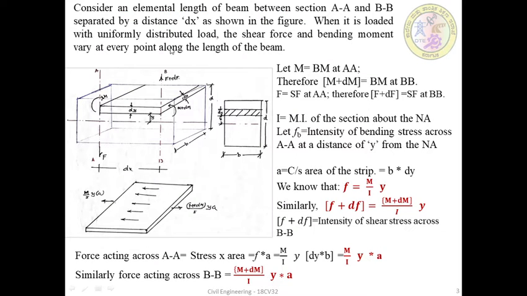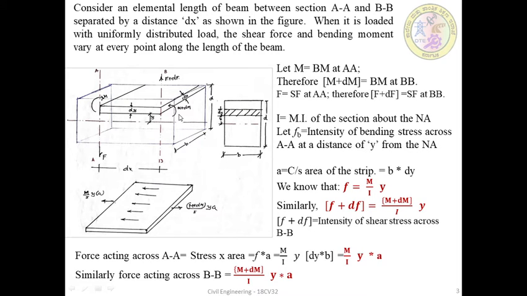Here consider an elemental length between the section AA and BB. This is section AA and this is section BB, and consider an elemental length separated by a distance dx, as shown in the figure.